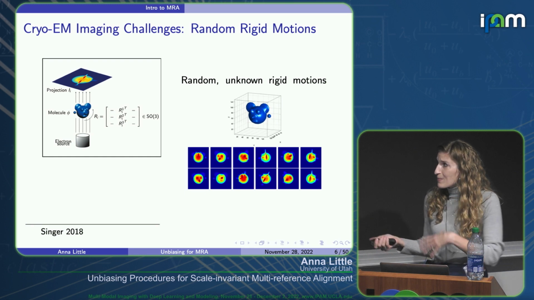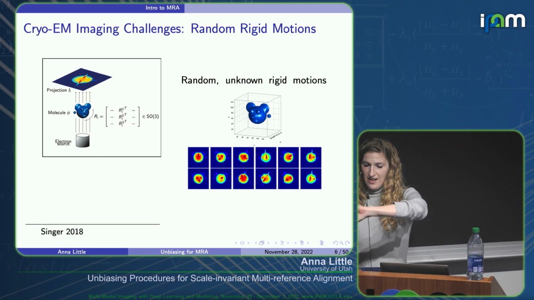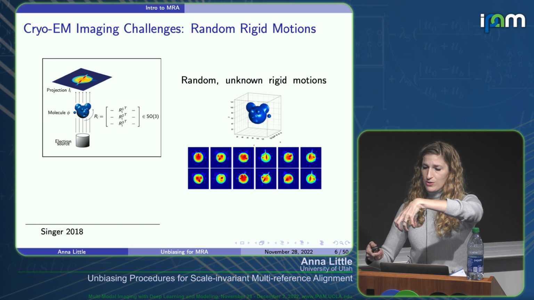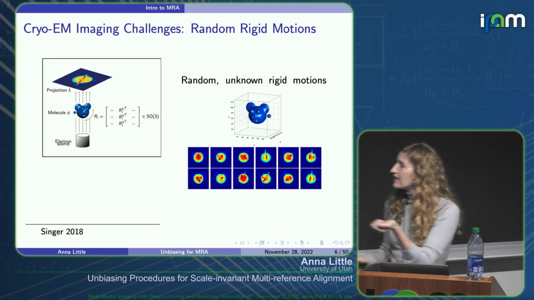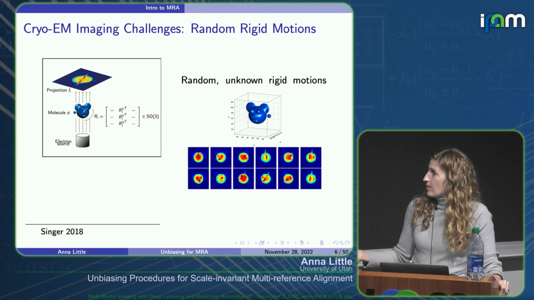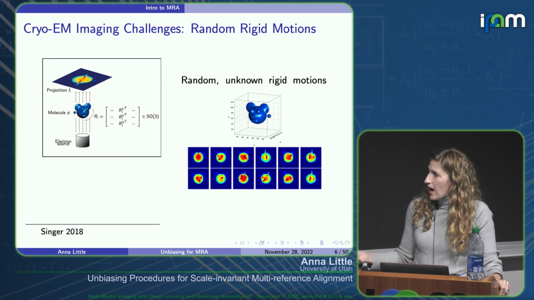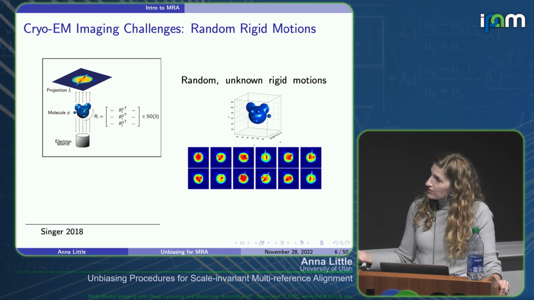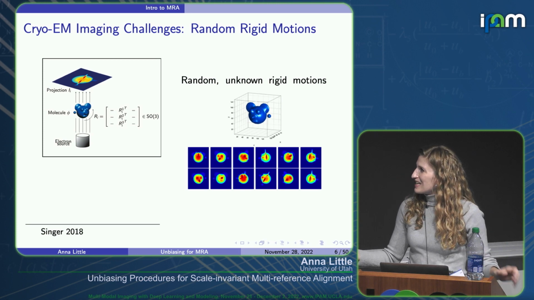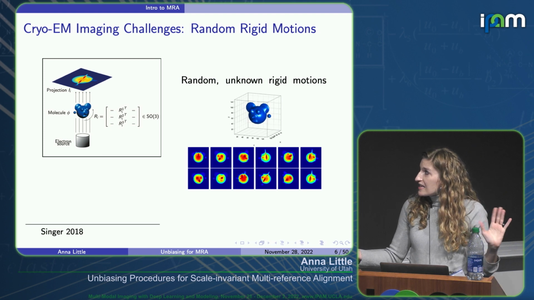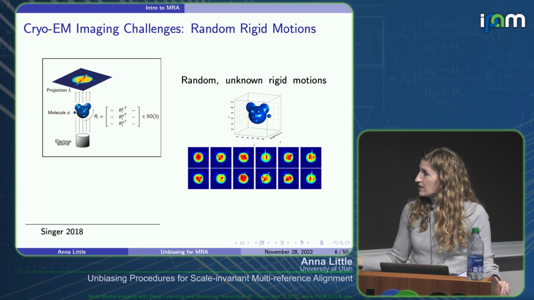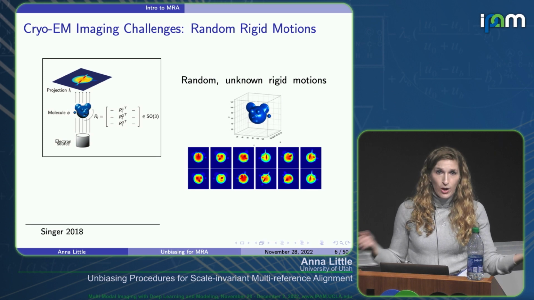Secondly, another thing that makes this very challenging is you don't know in which orientation the molecule got frozen, right? So you have these molecules which could be rotated in any kind of position and shifted around in the protein solution. So for example, this is not a real molecule, this is the Mickey Mouse molecule, but if you had something like this that's then rotated in any position, what you actually see, even without noise, as your images, really depends on the orientation of the molecule.